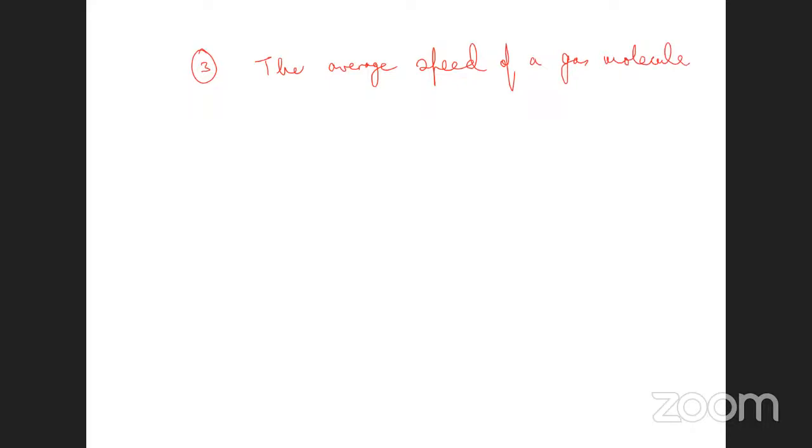At room temperature is 485 meters per second. Now this is all SI units, right? Speed is given.